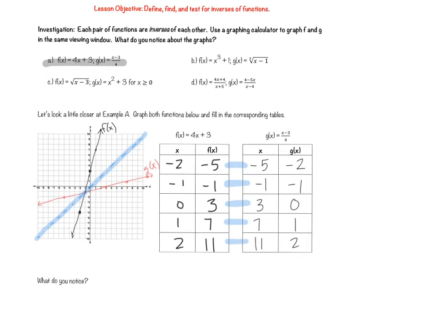Okay, so you can do that if you want to, but I wanted to show you in one example here, if we put both of them into a table and actually graph them, we get a mirror image of them across this diagonal. And we can see with the points that are here that the inputs and outputs have been reflected. So if I just had this, and wanted to see whether or not this is an inverse, I would put the outputs in as the inputs of the other function and see if I get the mirror image of those inputs from the other function.